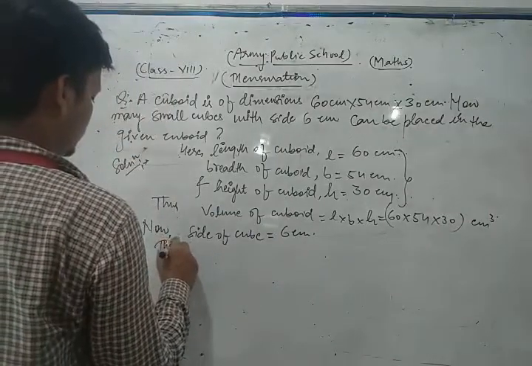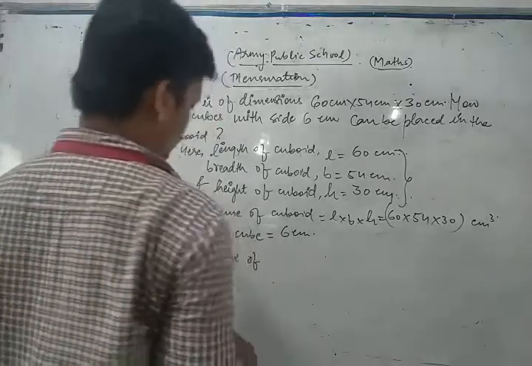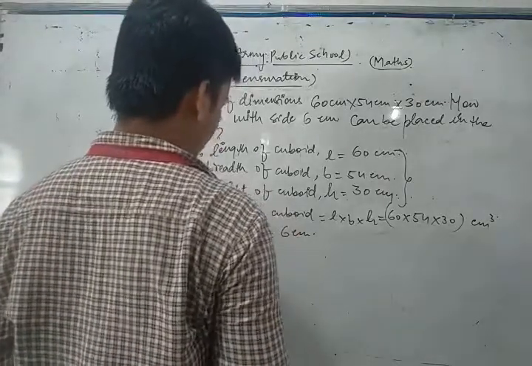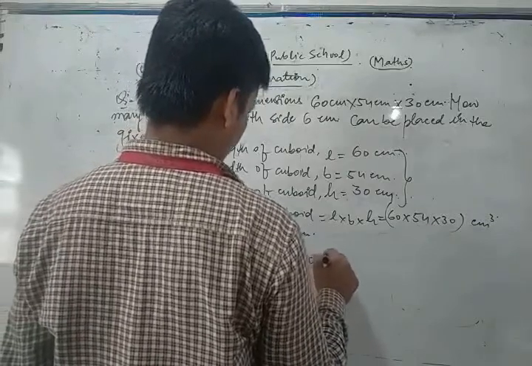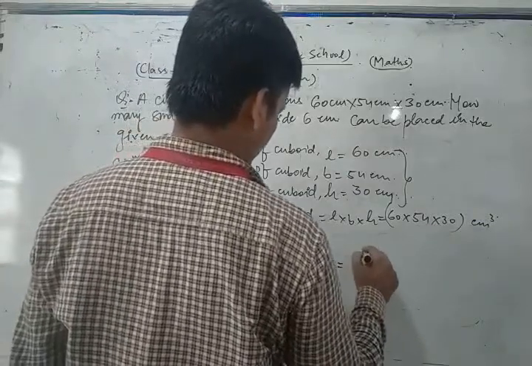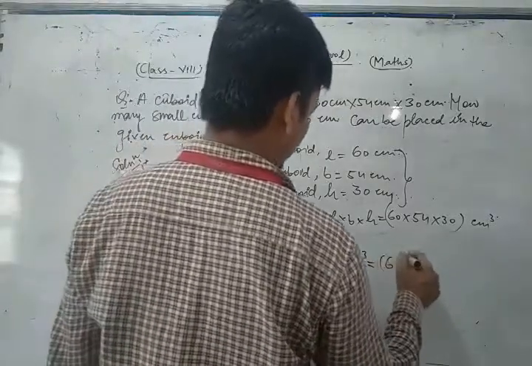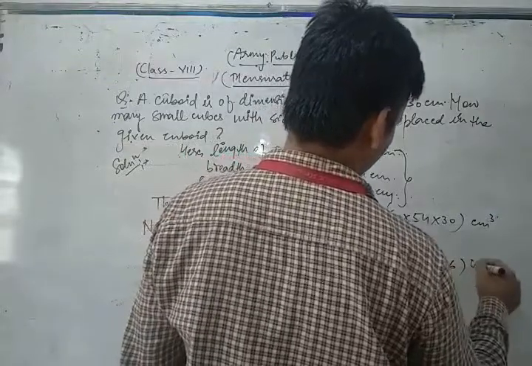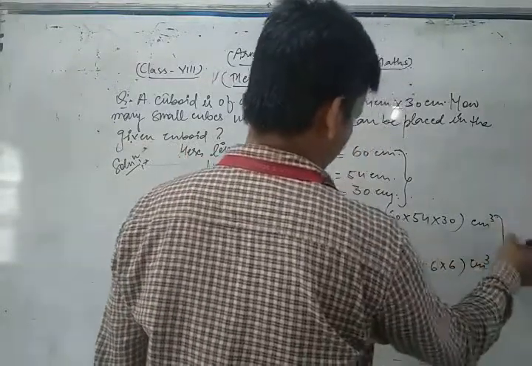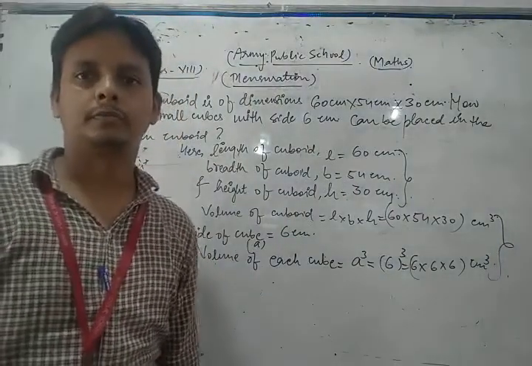Thus volume of each cube is side cube. Suppose A be the side of cube. So 6 cube means 6 into 6 into 6 centimeter cube. So this is the volume of each cube.